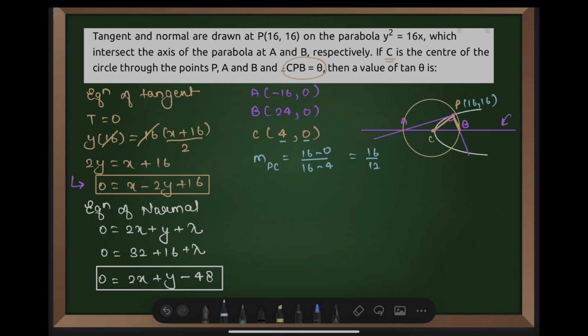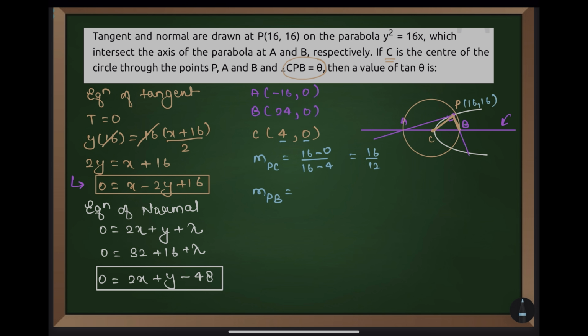Now I want you to tell me the slope of PB. I'll tell you why I'm trying to calculate slope. While dealing with the angle between lines, we have memorized one formula: tan theta equals m2 minus m1 by 1 plus m1 m2. So if we know the slope, we can find the angle. That's why we are trying to calculate slope.